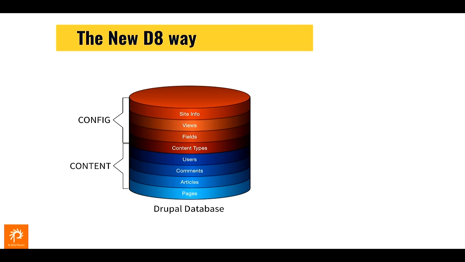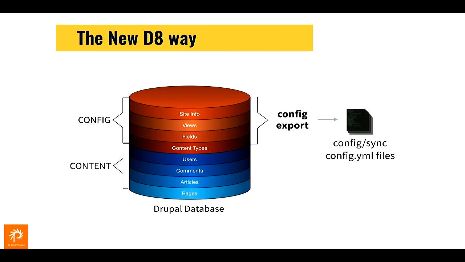So how do we do this now in Drupal 8? Drupal 8 recognized that this was one of the key problems and wanted to solve it in core, which was great. It's nice to see your module kind of get that recognition, and I didn't have to work on any of the core stuff, so that was awesome. But what you do in Drupal 8 is you run something called config export that does just what it says. It exports the config, and now instead of writing it to modules in features, it writes it to a directory on your site called config sync or whatever else you want to call it, and it stores every piece of config.